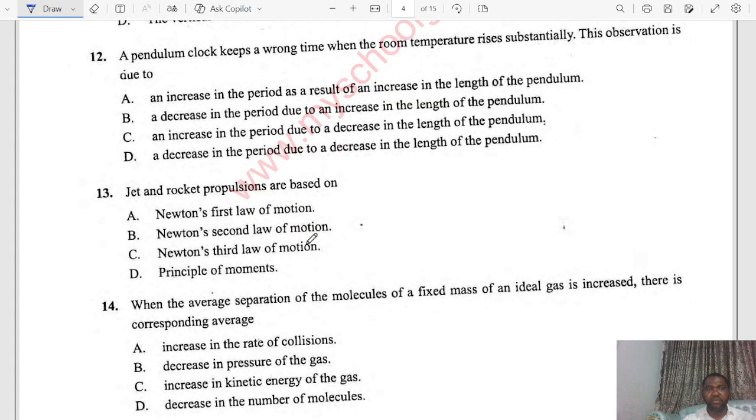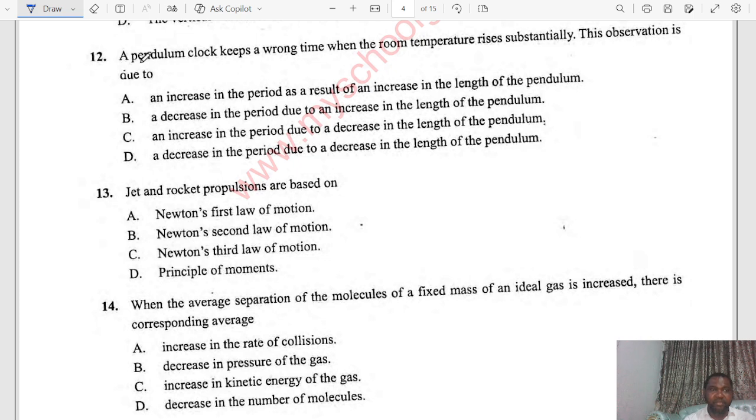Now the next one, number 12, says a pendulum clock keeps a wrong time when the room temperature rises substantially. This observation is due to: A, an increase in period as a result of an increase in the length of the pendulum; B, a decrease in period due to an increase in the length of the pendulum.